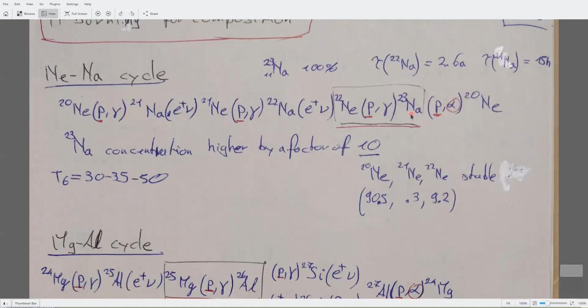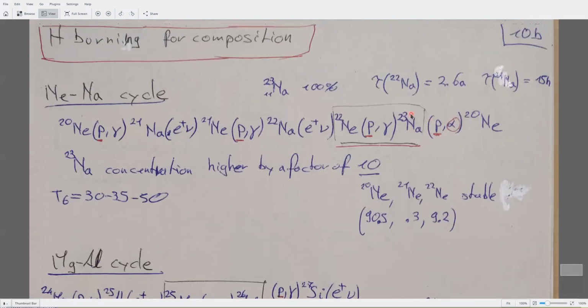Here we have two cycles that are important for the composition. The first one is the neon-sodium cycle. Sodium has 23 nucleons and 11 protons. It's an odd number, so this element is 100% only in this isotope.